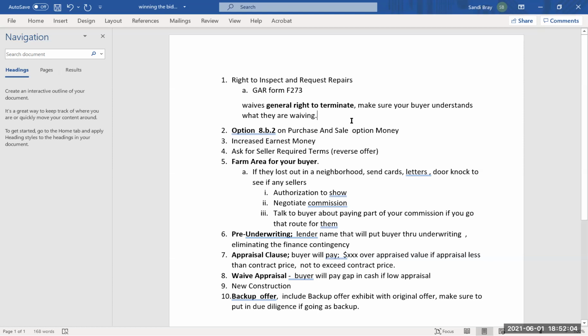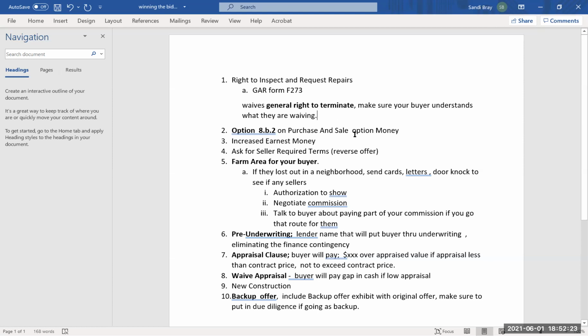Right. I lose my job, I change my mind, as long as I do it within that time period, I can get my earnest money back. When I elect the right to inspect and request repairs instead of due diligence, I no longer have the general right to terminate.